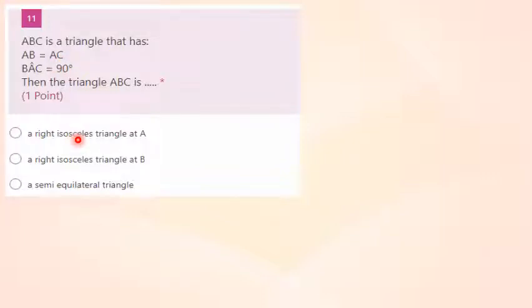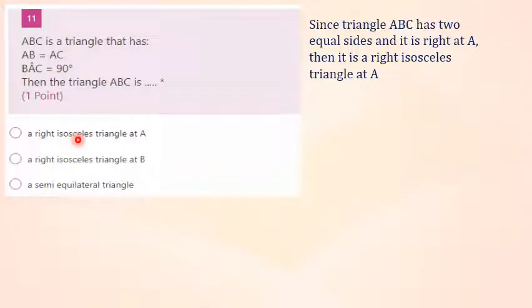So it's a right isosceles triangle at A. Justification: since triangle ABC has two equal sides and it's right at A, then it's a right isosceles triangle at A. In the following orthonormal system, the correct statements are: we have 5 statements, 3 of them are correct.